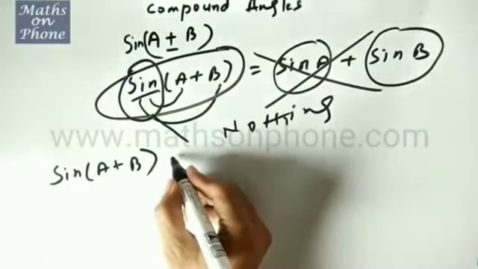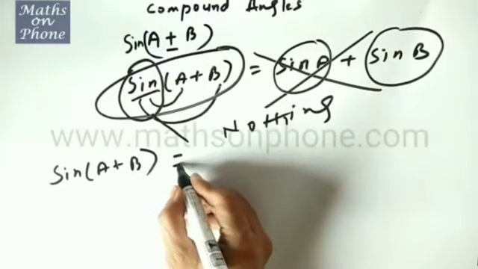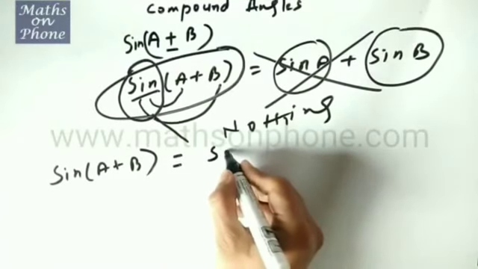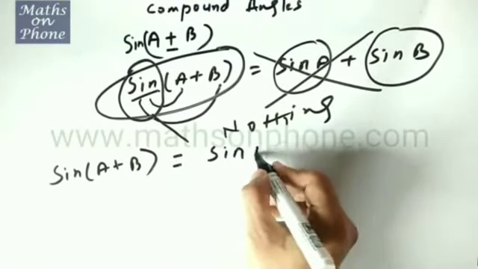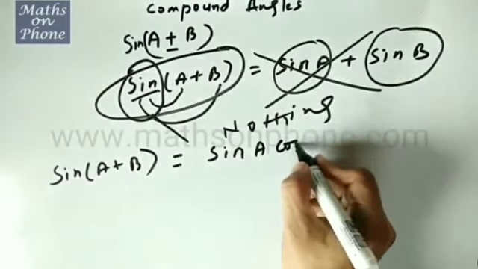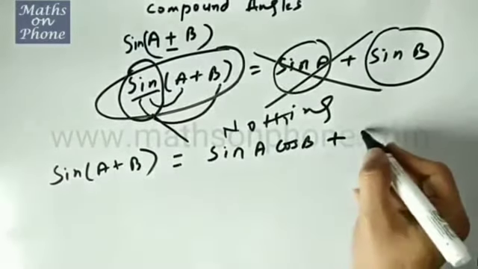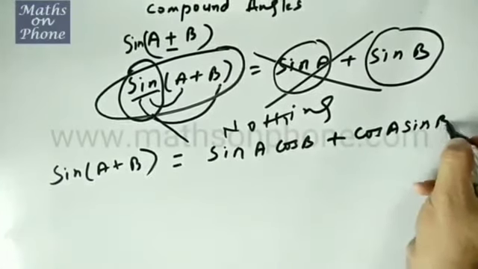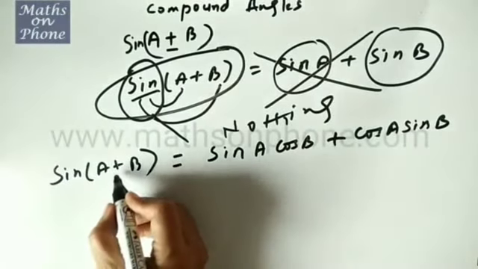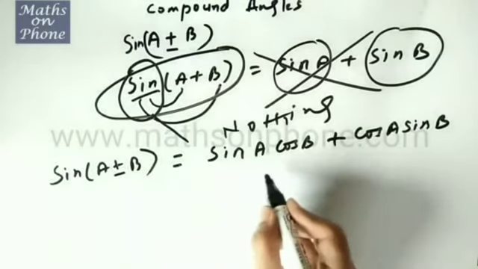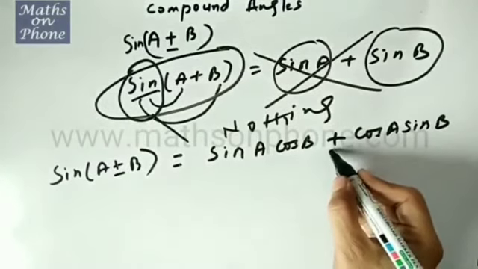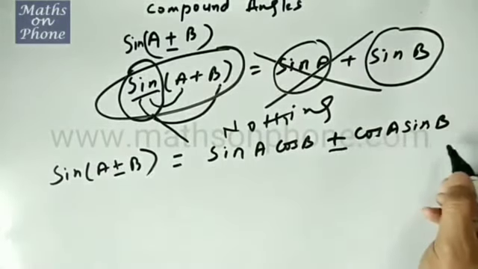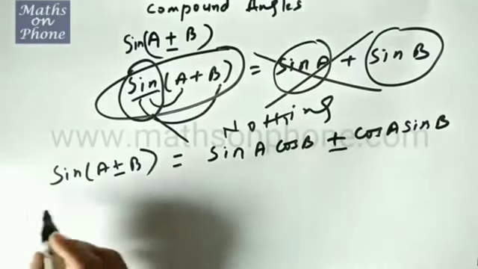In unofficial language, it is a very diplomatic function, so you can easily remember the formula. It is sin A cos B plus cos A sin B. In the same way, sin(A-B) will be sin A cos B minus cos A sin B. Very easy to remember.